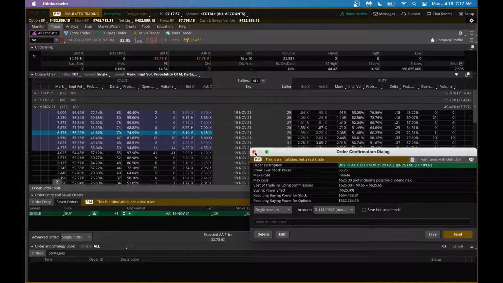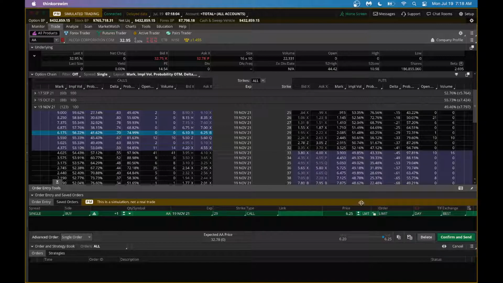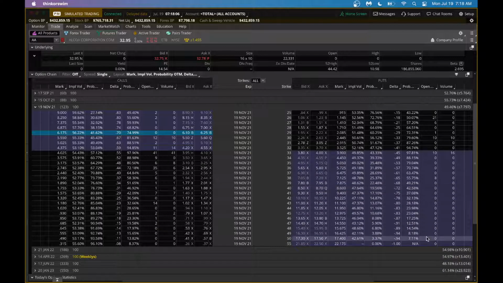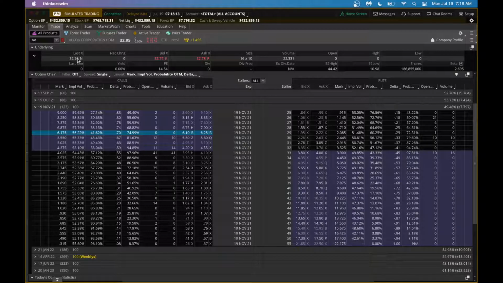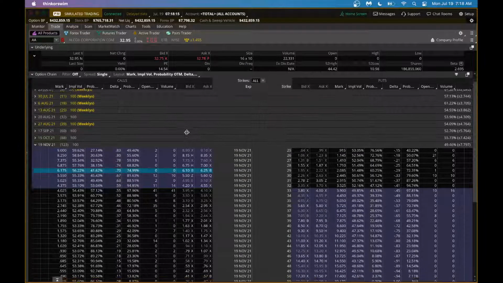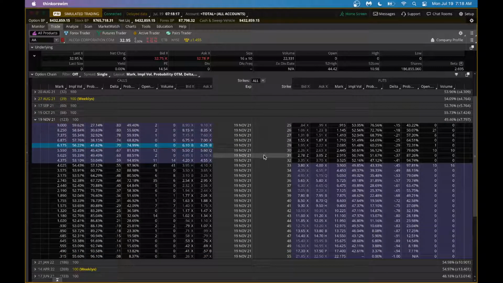If you have a little bit larger account size, and if you know your options well, you could do something like this. But if you want to play a spread game, then you could do it a little differently. Stock price being 32, you could do a couple things. You could do a 25-35 spread.